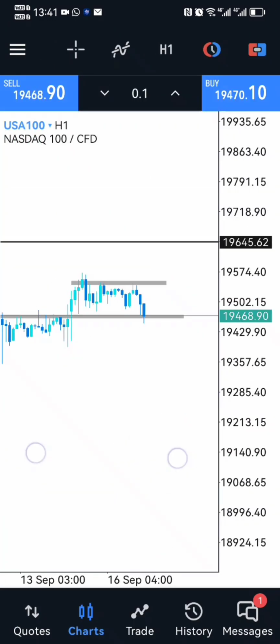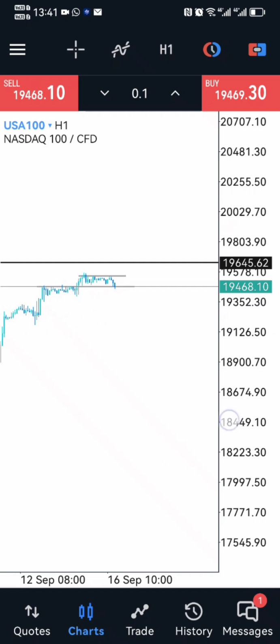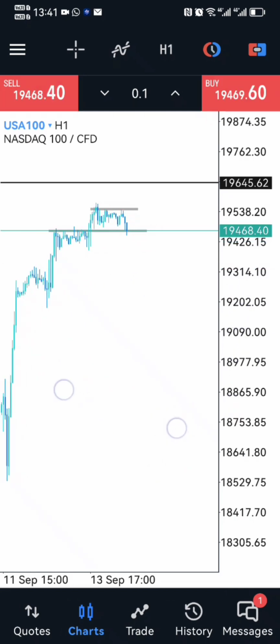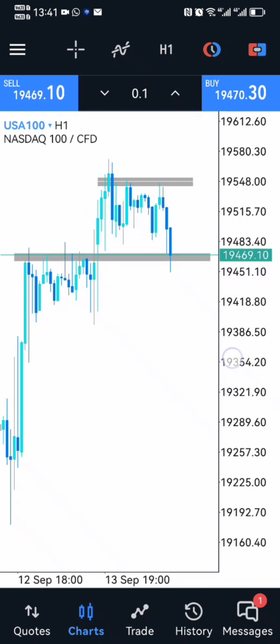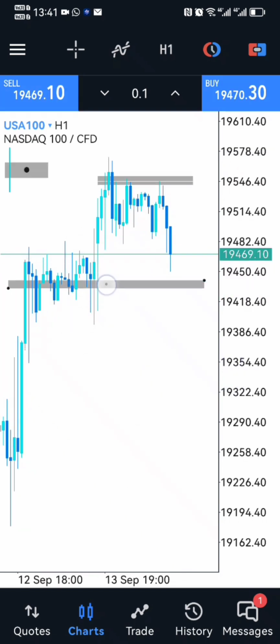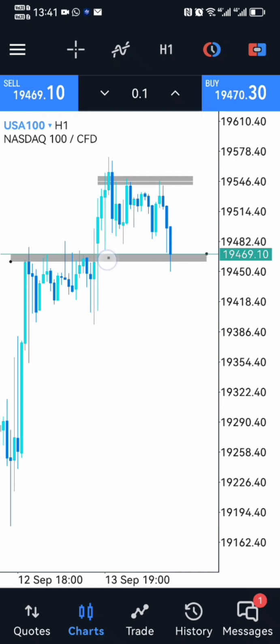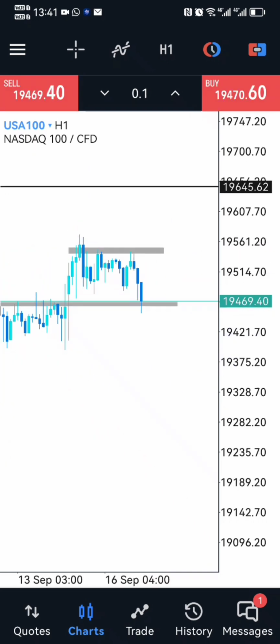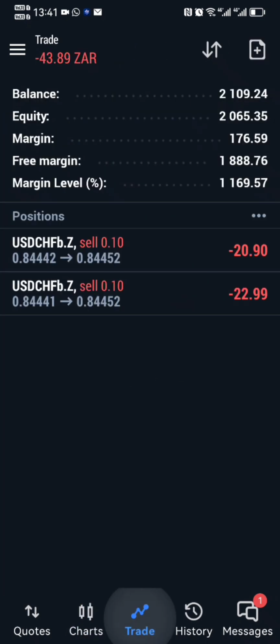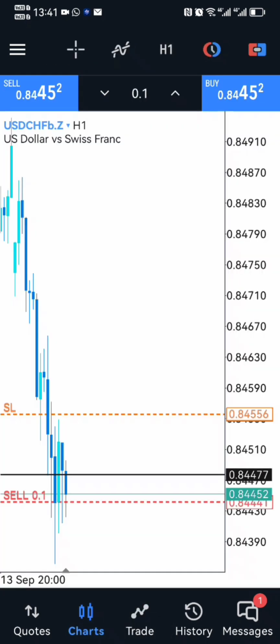I think I'm going to wait to see if we have a re-entry, but probably, because it's now 20 to 2, I'll look to take a re-entry around 4 o'clock if I do get an opportunity to enter. But nonetheless, that was a losing trade, and we'll see how this other one runs.